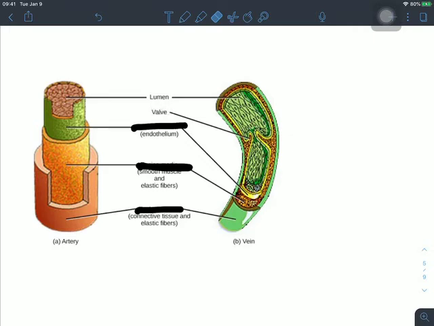Inside of the lumen, you have a valve within veins that arteries lack, so veins have valves to prevent backflow. The blood will be flowing this way, and then as it lowers in pressure and starts to slide back down, it'll actually close the flaps there to prevent the backflow.